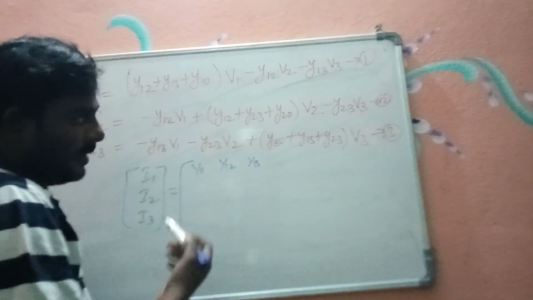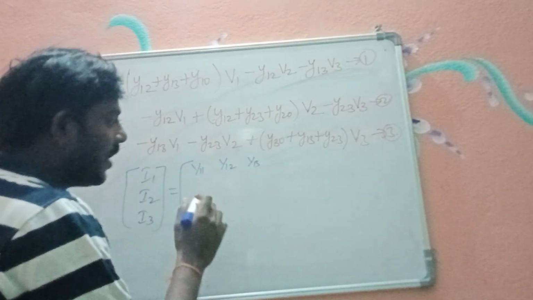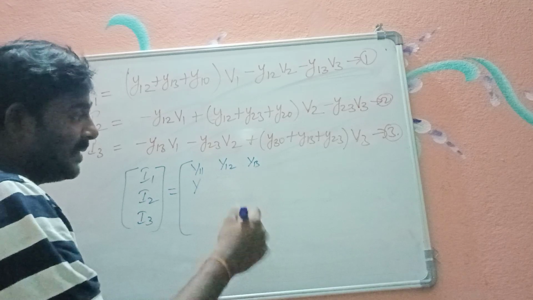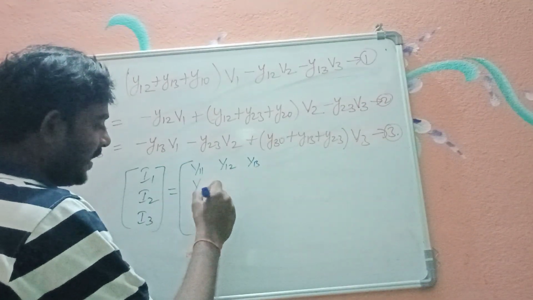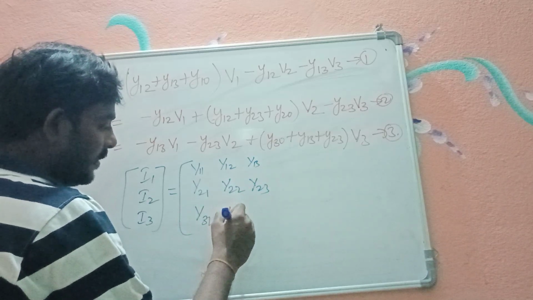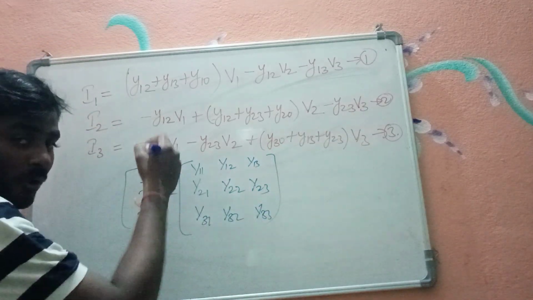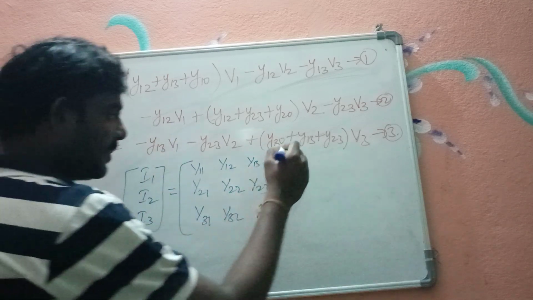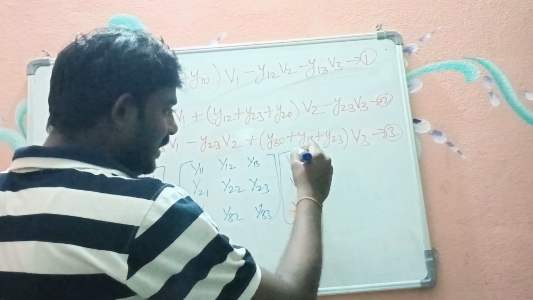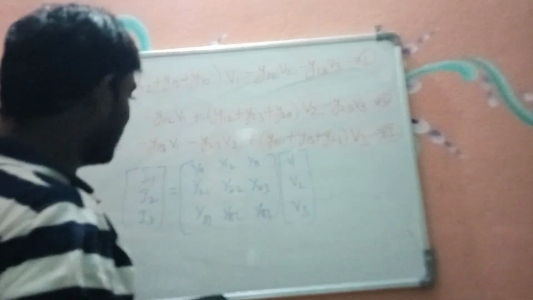As the power system network which I considered is a 3-bus system, I have only a 3 by 3 Y bus matrix: y11, y12, y13, y21, y22, y23, y31, y32, y33. This is the Y bus matrix and this is the column vector of injected currents. Similarly, you will have a column vector of the voltages V1, V2, V3, which are the voltages at different buses with respect to the reference or ground.